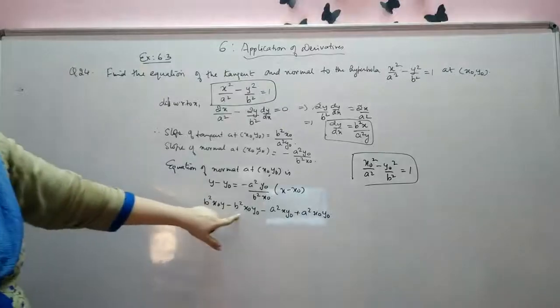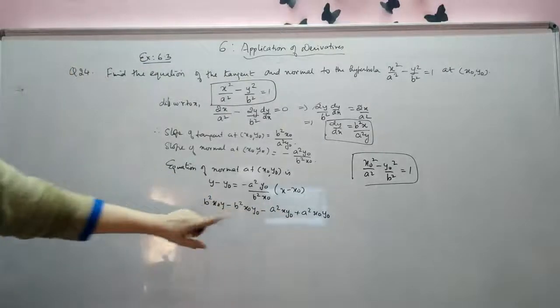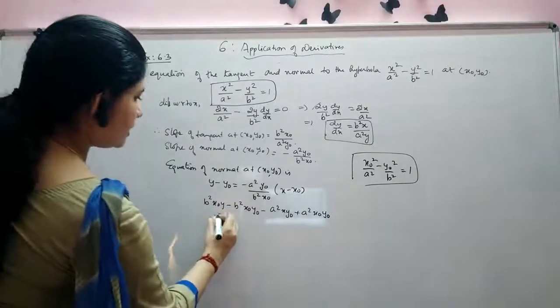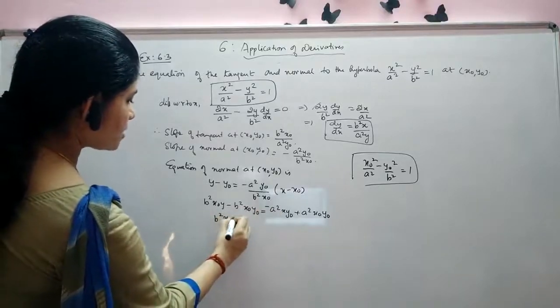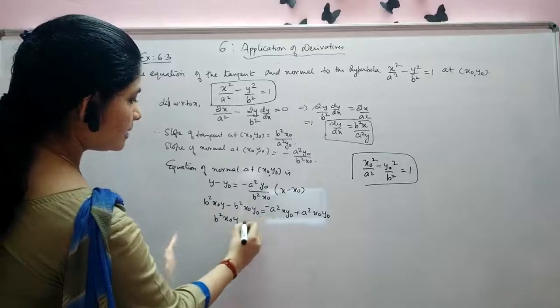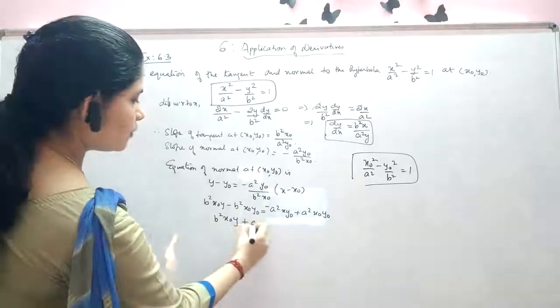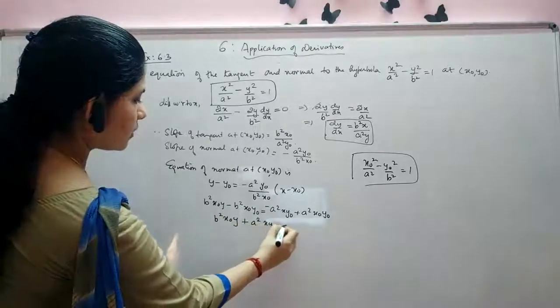Okay, so you have two x naught y naught terms, we are collecting them. Here you have b square x naught y, and this one will give you plus a square x y naught.